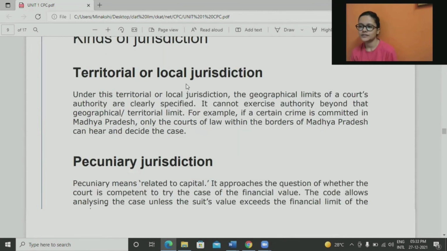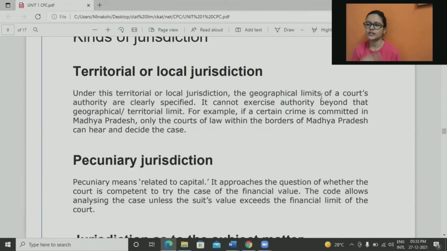So territorial or local jurisdiction, you have already mentioned this, that the geographical limits of the court's authority are clearly specified. It cannot exercise authority beyond the geographical area. So usually for all the courts, the geographical location will be fixed, and within that area, if a certain wrong is taking place, the court will have territorial or local jurisdiction to take up the matter.